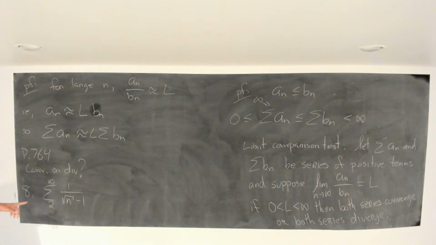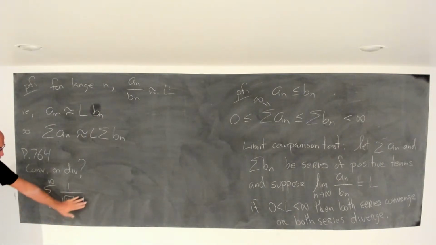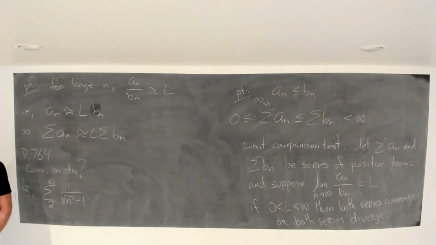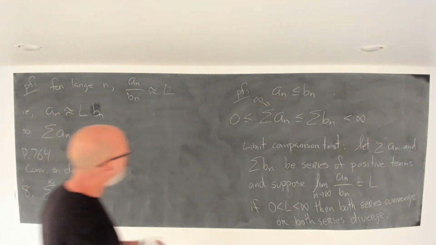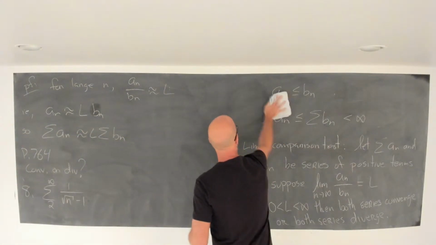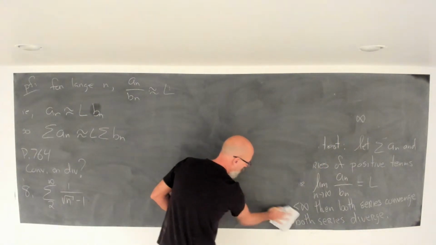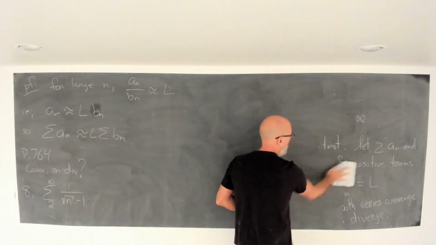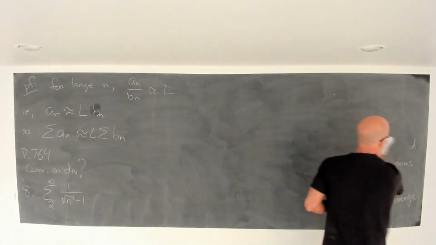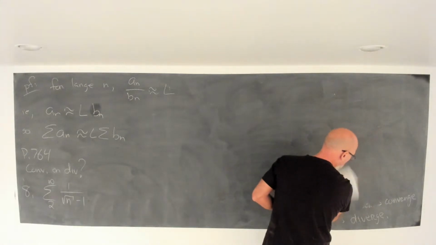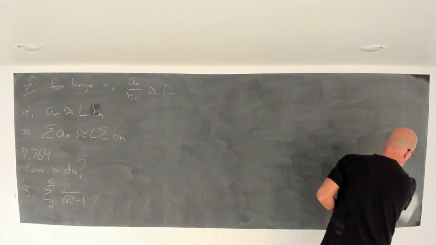So what are we going to do? Well, you're thinking to yourself, if the 1 wasn't there, then this would be an easy question to deal with. This would just be a p-series. But we do have the 1, so it's not a p-series.